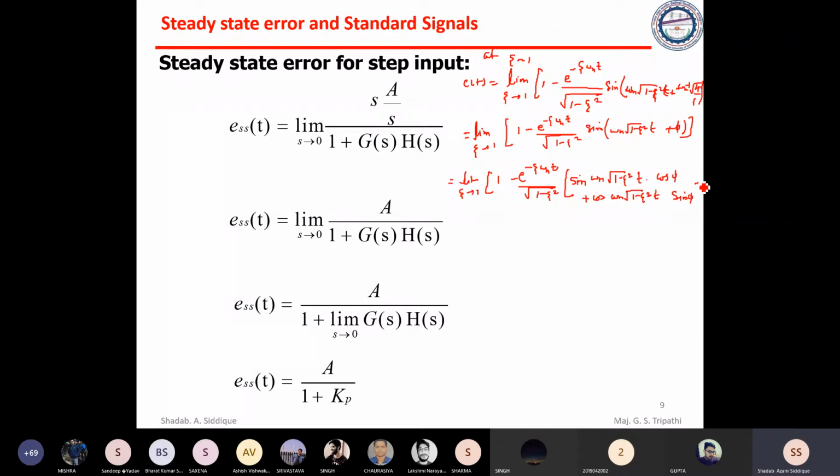That is basically the sine A plus B formula.